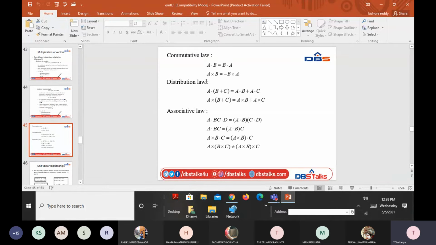Coming to the associative law, (A dot B) C dot D can be written as A dot B of C dot D. Otherwise, you consider only one dot product between the three vectors: A dot (B C) is equal to (A dot B) of C. So these are all the laws: commutative, distributive, and associative.